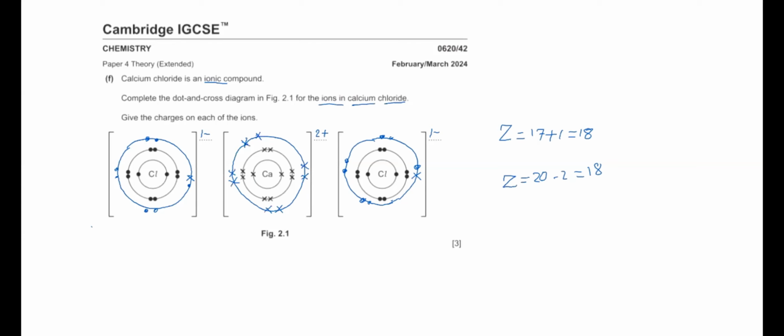In this way, you will get all the 3 marks. 1 mark for the correct charges, 1 mark for the correct number of electrons in calcium, and 1 mark for the correct number of electrons in both the chlorides.